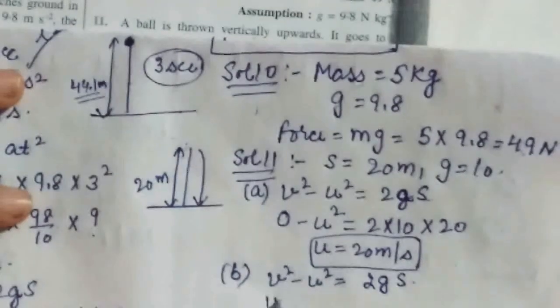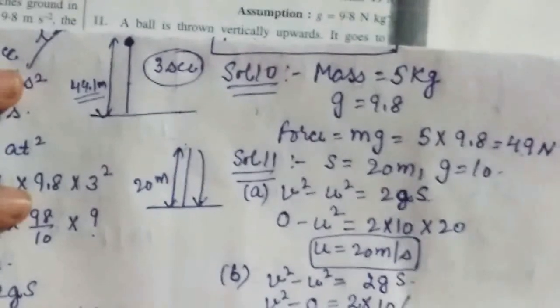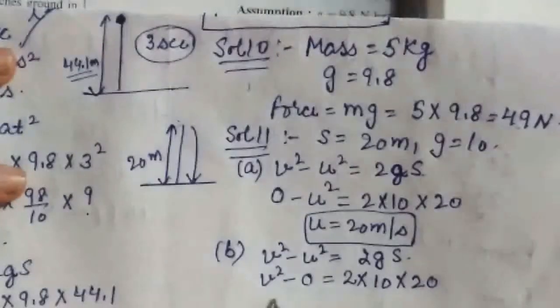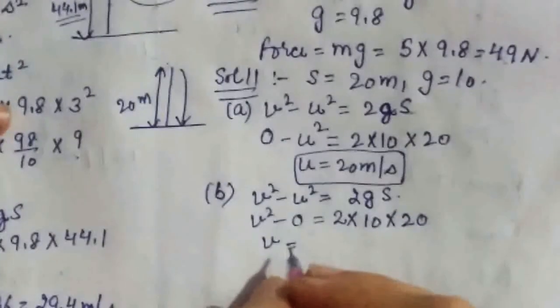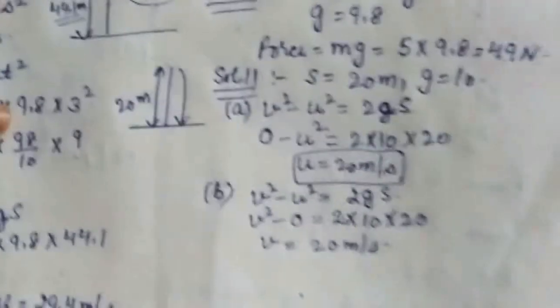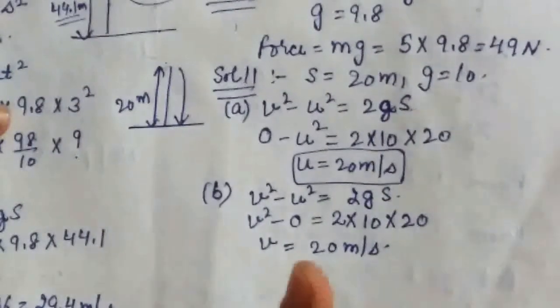So we will put the initial velocity 0, 2 into g is 10 into s, the distance covered, is 20 meter. After calculating this, we get 20 meter per second. So this is the answer of your second part.